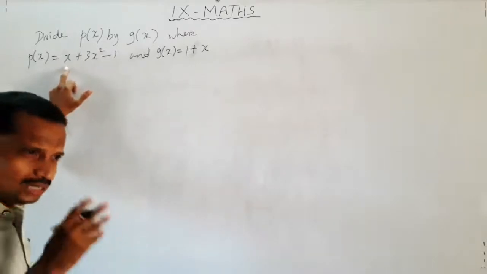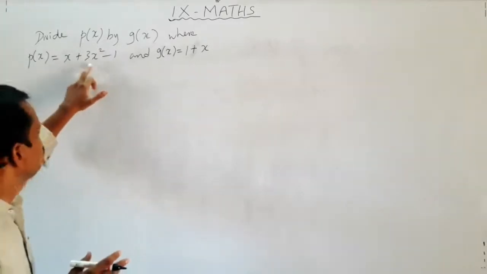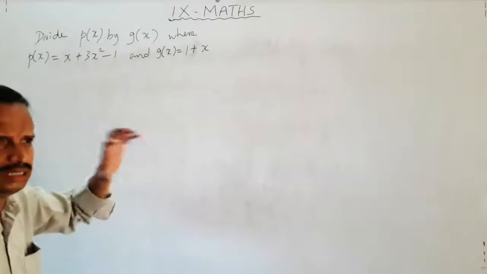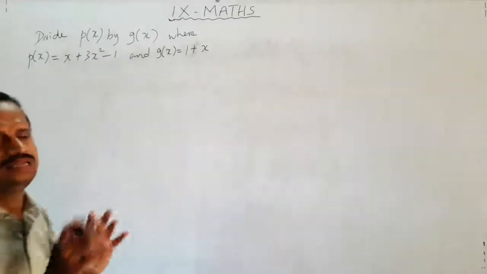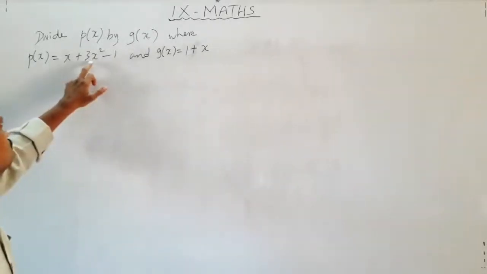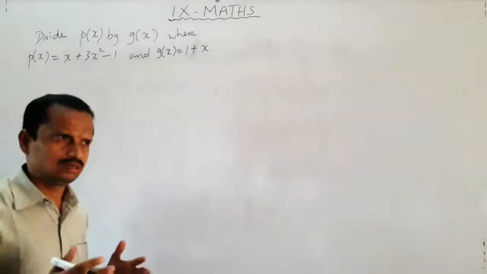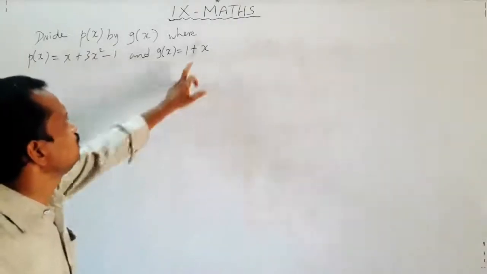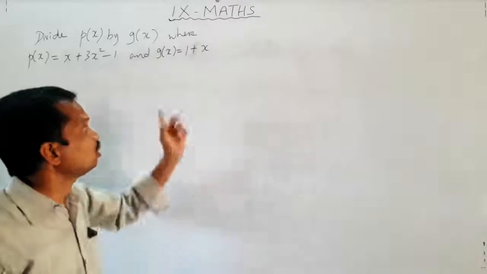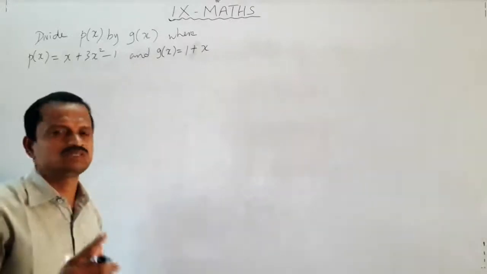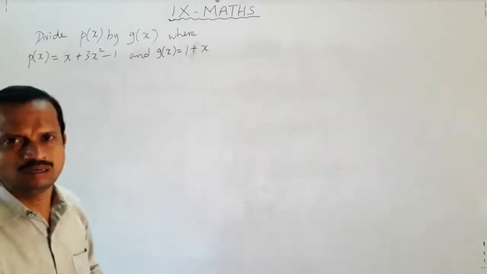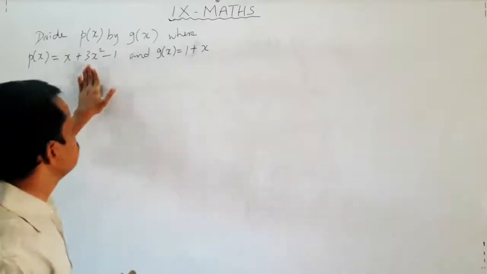Don't observe only the first one. You have to see all the terms and come to the conclusion what degree it is. So here the x square term is there, therefore the degree is 2, and here the degree is 1 because 1 plus x, x power 1, so degree 1. So this is the greater one.